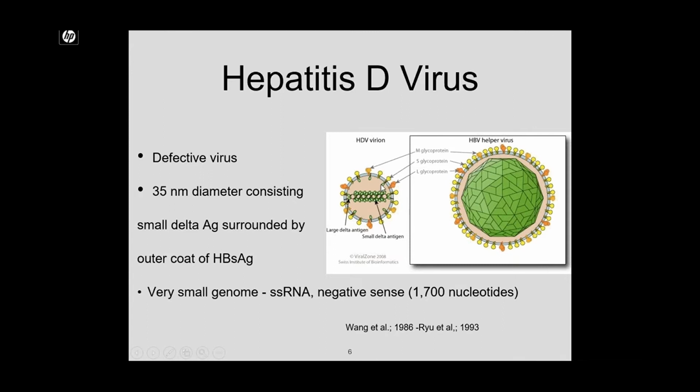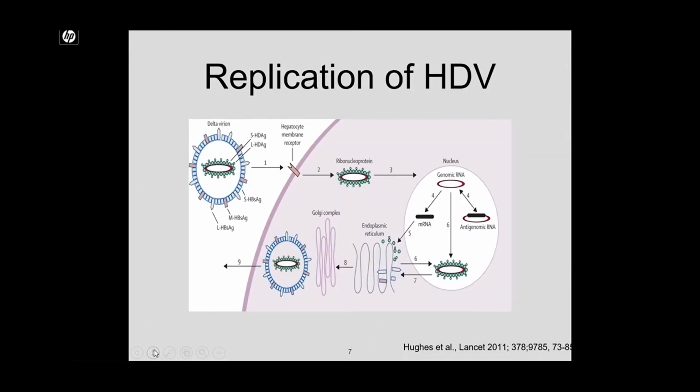The hepatitis B envelope, with an empty envelope, will lead to the entrance of these large and small delta antigens, surrounded by the helper virus's middle, small, and large glycoproteins, and it's only present in individuals who are infected with hepatitis B virus.